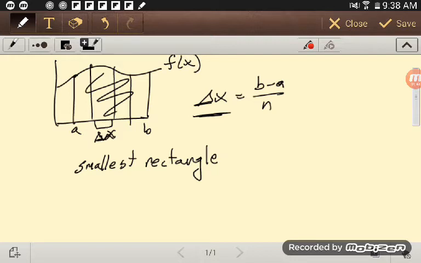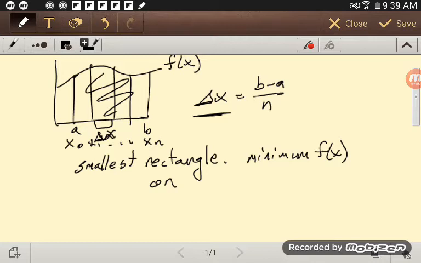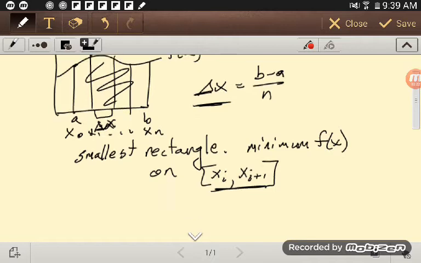Now, the way we've been getting that is we've found the minimum of f of x on the interval, well, if we call that x0, x1, and so forth up to xn, the minimum f of x on any given rectangle. So some x, we'll call it xi to xi plus 1. Okay, so the smallest rectangle on each part, we've been doing that.